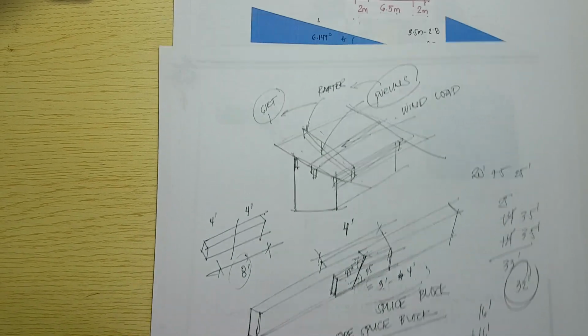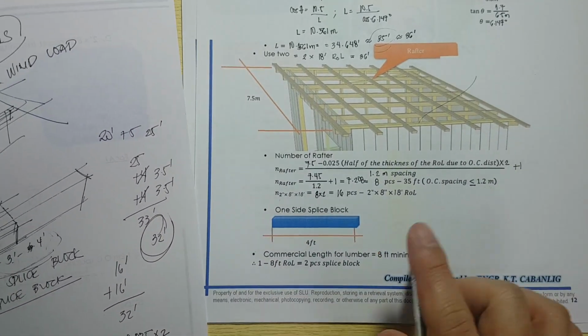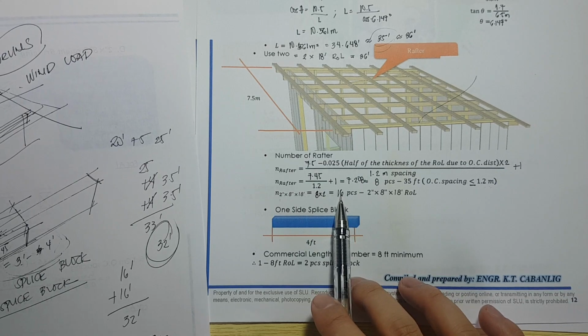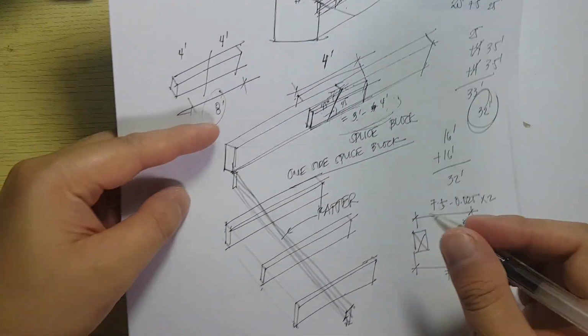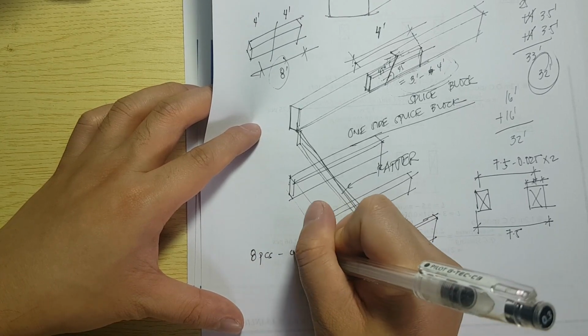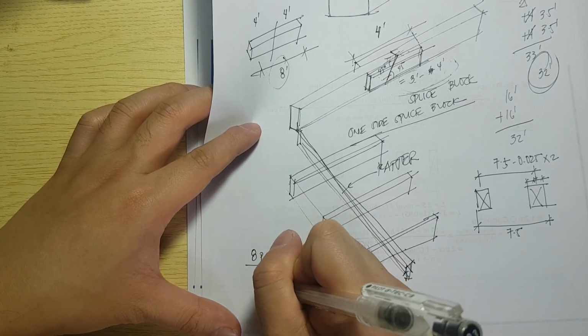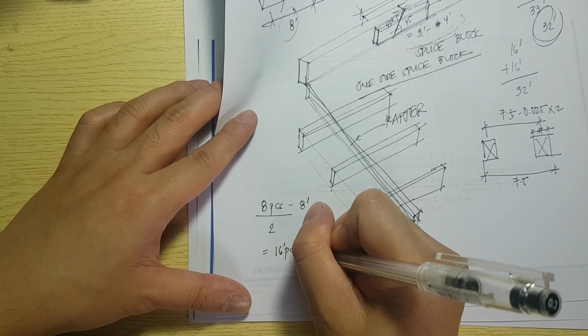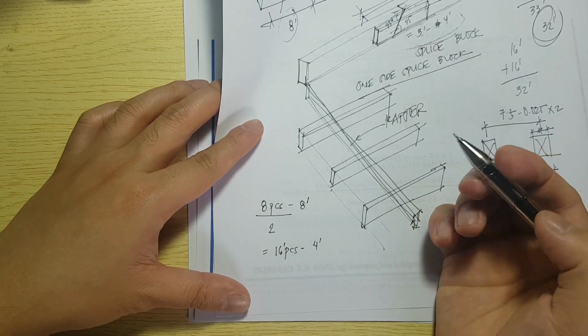How many rafters do we have? We have 16 pieces. So if I buy 8 pieces of 8 feet divided by 2, I will have 16 pieces of 4 feet.